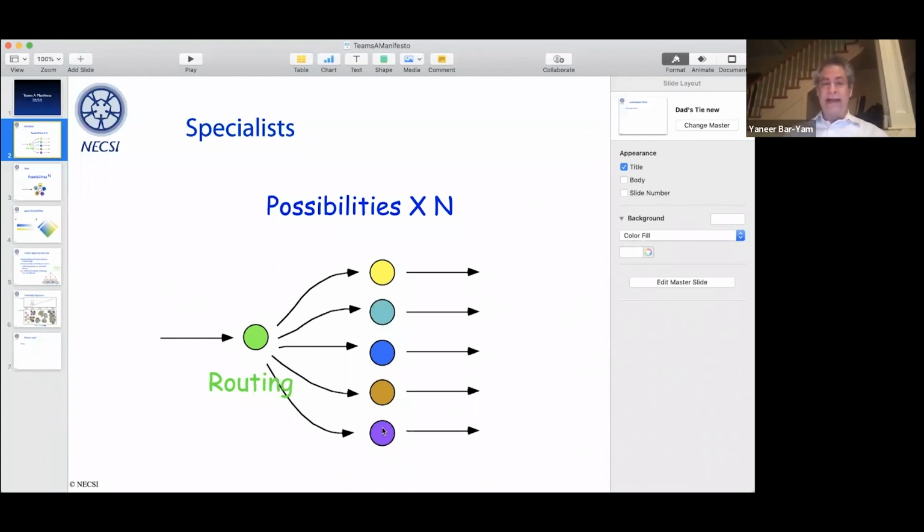So if you have n specialists, you can deal with n times 10,000 possibilities. Is that clear? So let's say there are 5 specialists. They can deal with 50,000 possibilities. And that's a lot more than 10,000. Okay, very clear.